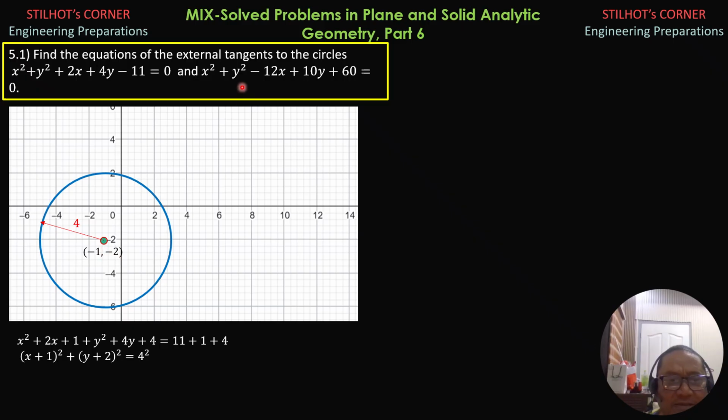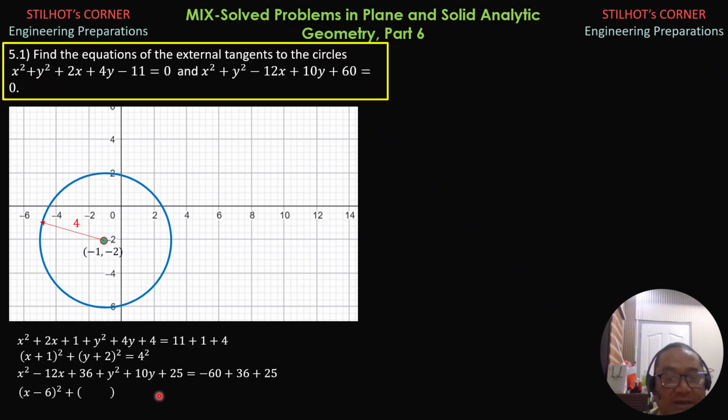Then for the other circle, (x squared minus 12x plus 36) plus (y squared plus 10y plus 25) equals negative 60 plus 36 plus 25. So this is (x minus 6) squared plus (y plus 5) squared equals 1 squared.